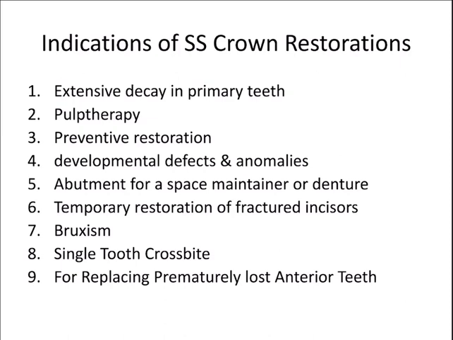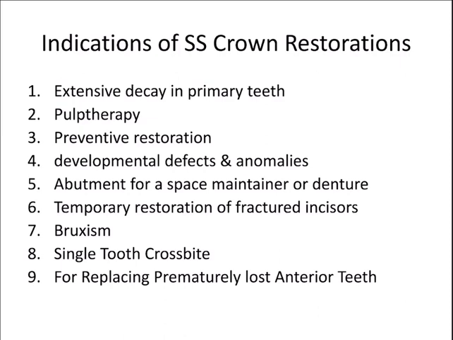Then as an abutment for a space maintainer or denture. For example, you are giving a band and loop space maintainer. Just Google and see band and loop, then you'll understand. I don't have a picture of it.